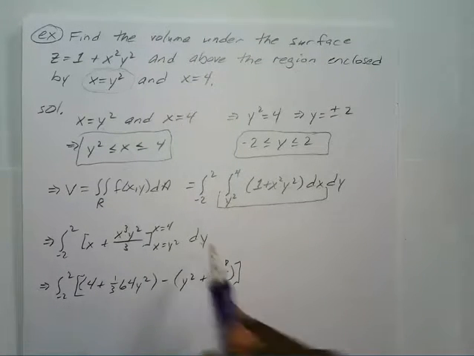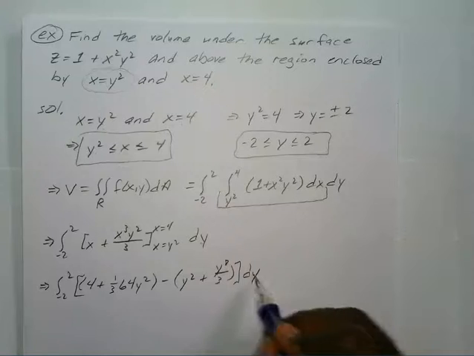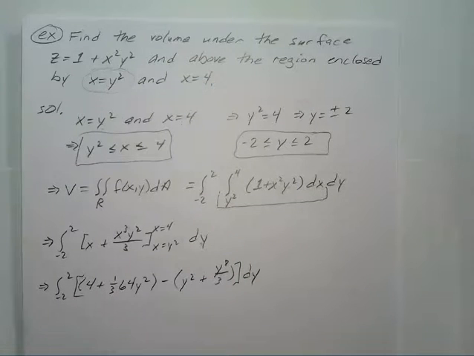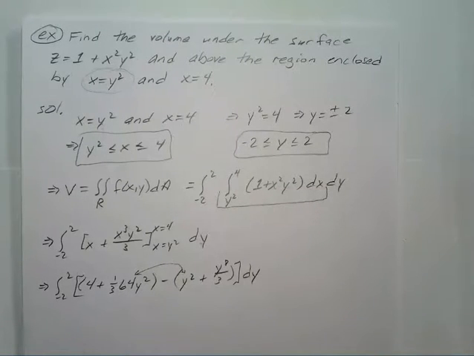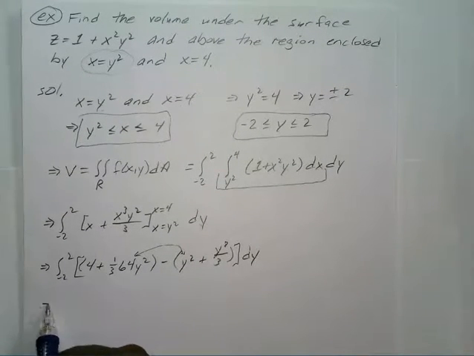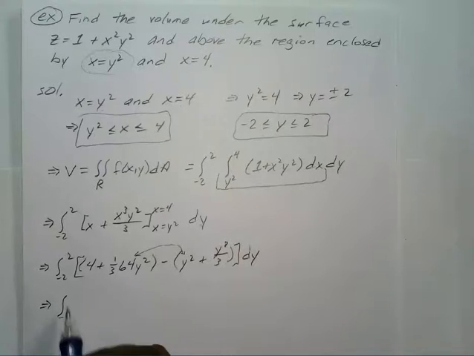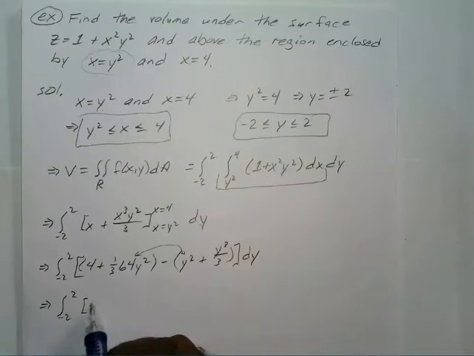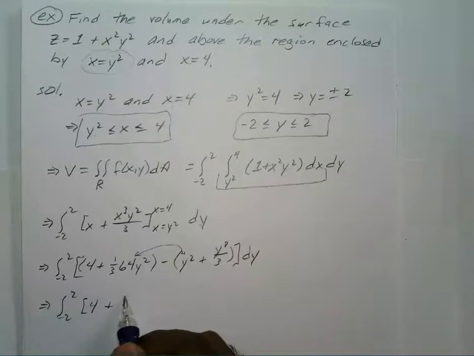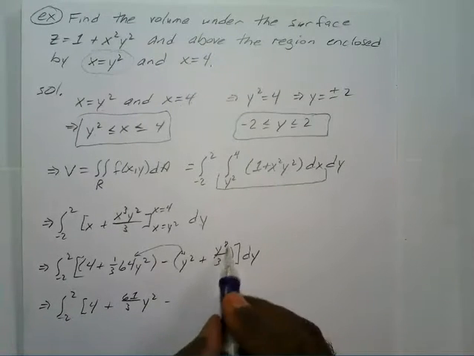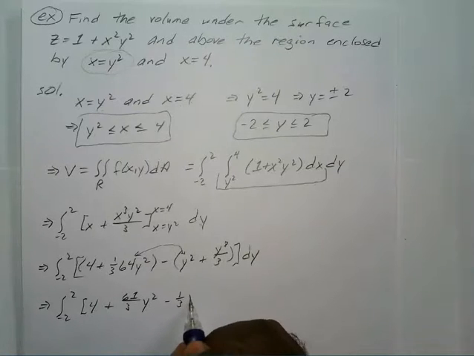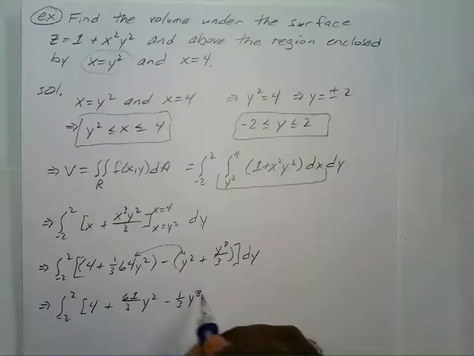And don't forget your dy. If we combine those two y squared terms, we can simplify this from -2 to 2 to 4 plus 61 over 3 y squared minus 1/3 y to the 8th, or y to the 8th over 3, doesn't matter.